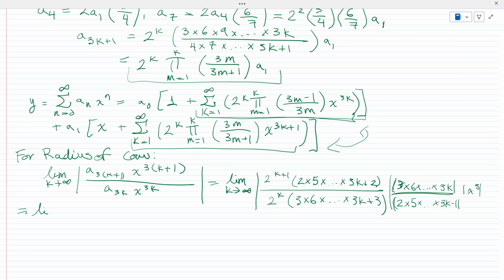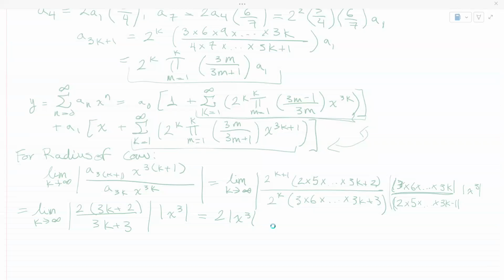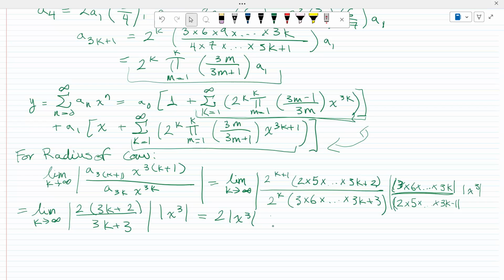So, continuing our ratio test, we have the limit as k approaches infinity of 2 up above times 3k plus 2 divided by 3k plus 3 times x cubed, which is equal to 2 times x cubed. We, of course, want this expression to be bounded above by 1 for the ratio test to be successful.